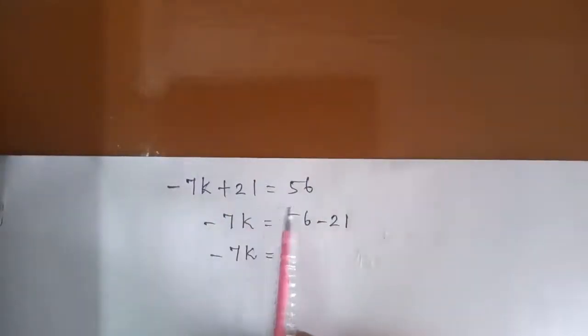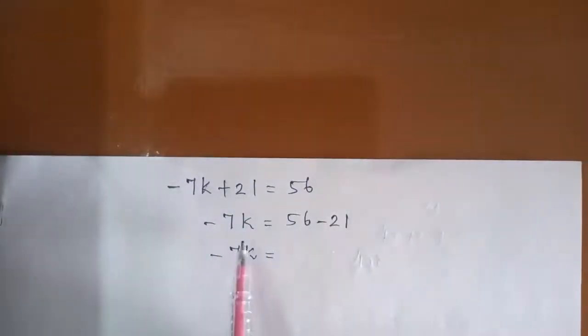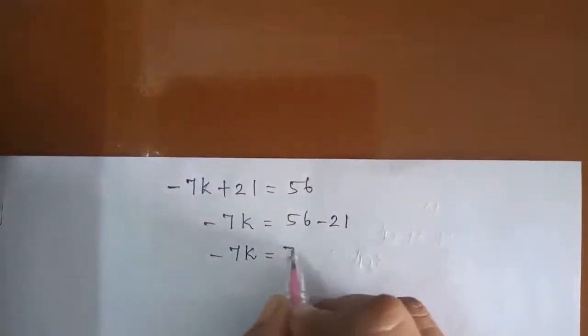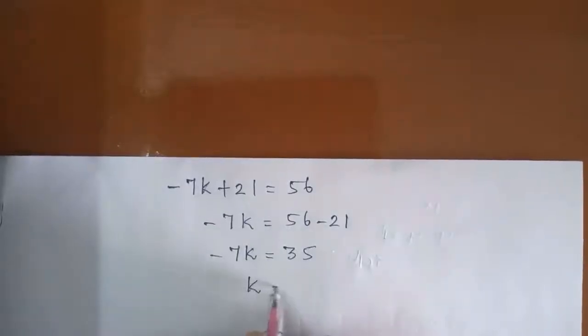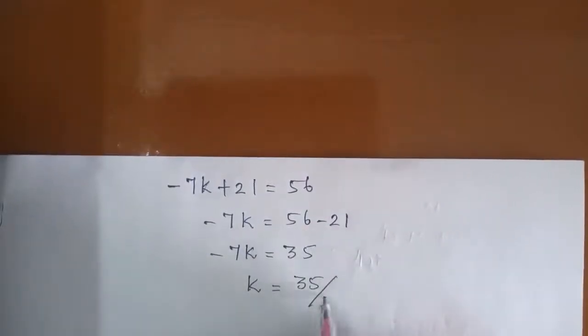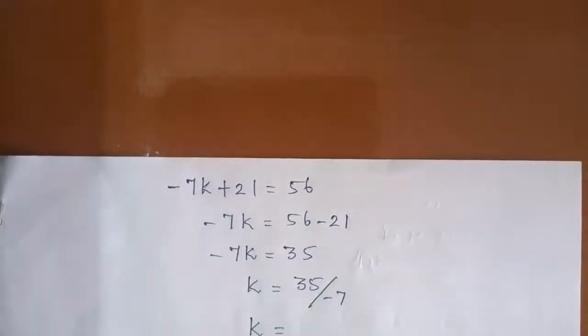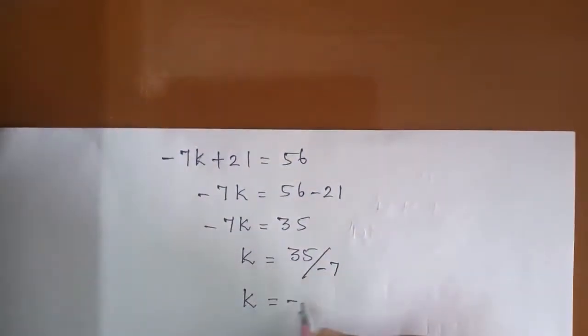Minus 7k plus 21 is equal to 56. Minus 7k is equal to 56 minus 21. Minus 7k is equal to 35. So k is equal to 35 by minus 7. The value of k is equal to minus 5.